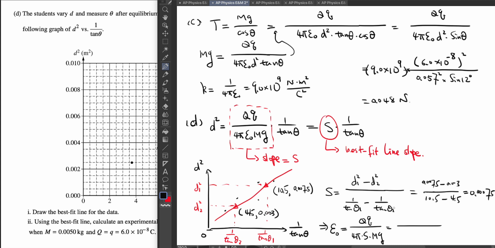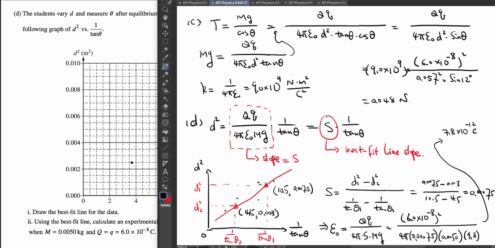QQ is still 6.0 times 10 to the negative 8, squared. And then 4 pi. Now the number here is 0.00075. That's for S, the slope. And the mass here is 0.005, and g is 9.8. Okay, and the number I got from this calculation is 7.8 times 10 to the negative 12.